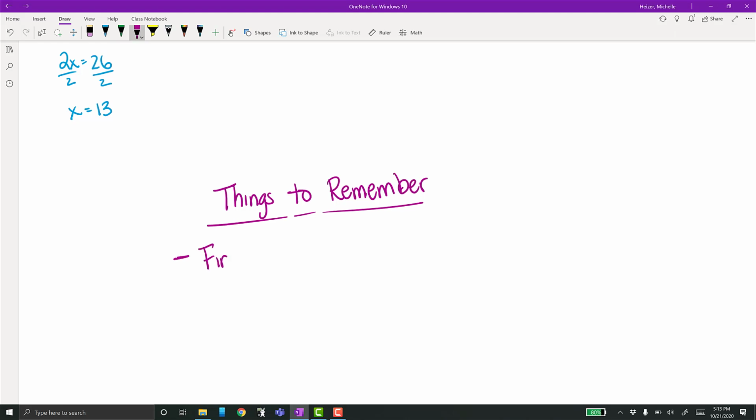Find the key definition. Once you find that key term or that key definition within your problem, that becomes your justification or your reason. Okay?